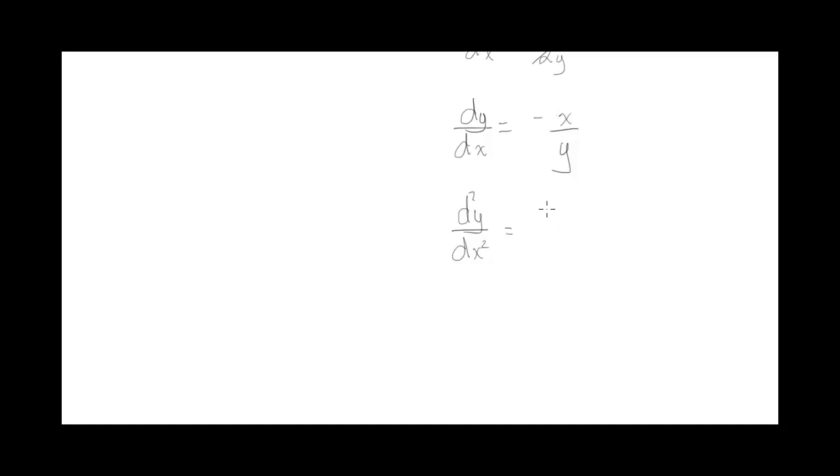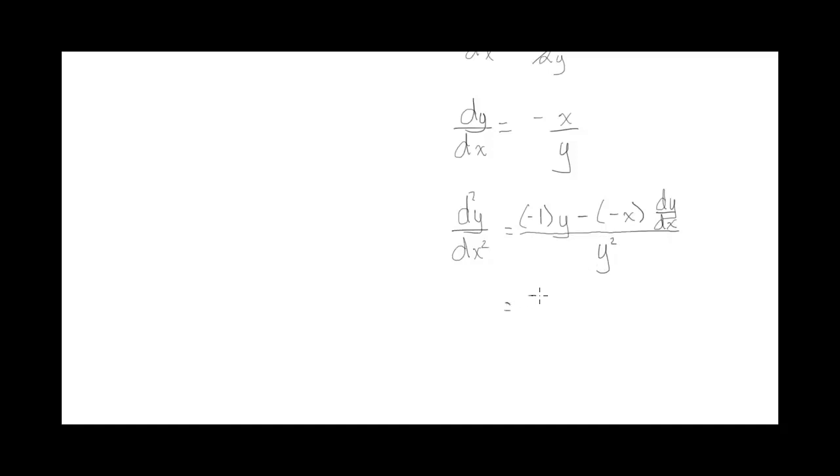The quotient rule states take the derivative of the numerator, so that's minus 1 times the denominator, minus the numerator times the derivative of the denominator, but the denominator is a function of y, and we're differentiating with respect to x, so that's going to be dy by dx, or you could say 1 times dy dx, all divided by the denominator squared.